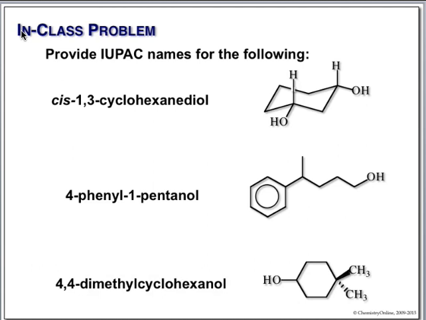And we're going to put our methyl groups here at carbon 4. Because this is, by definition, going to be carbon 1, we don't have to include it in the name here. Any questions on these?